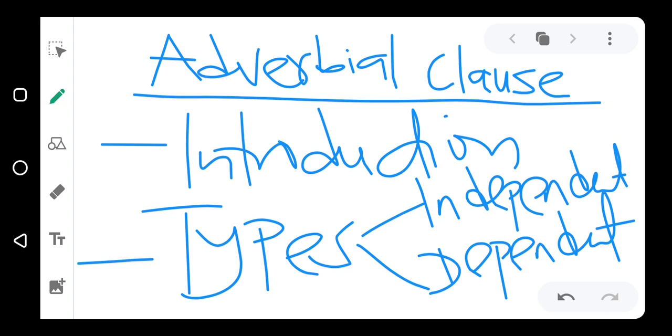And we talked about dependent clause as a kind of clause that cannot stand on its own and have a complete thought, while independent clause is a type of clause that can stand on its own and have a complete thought.